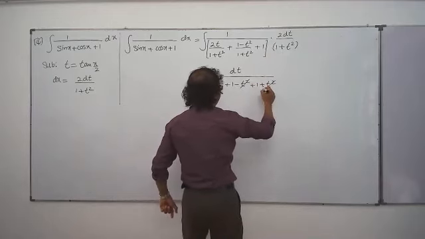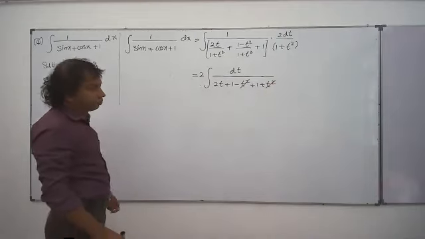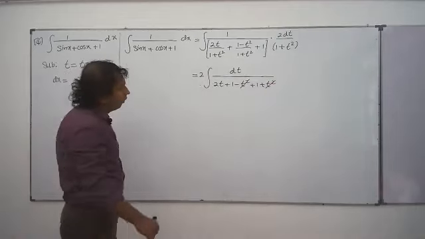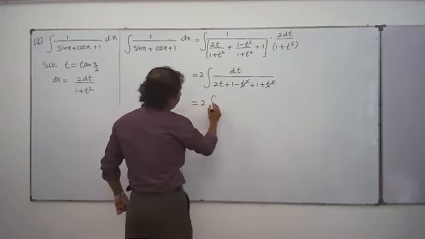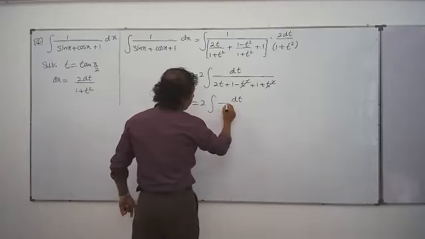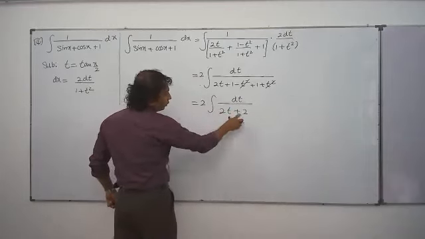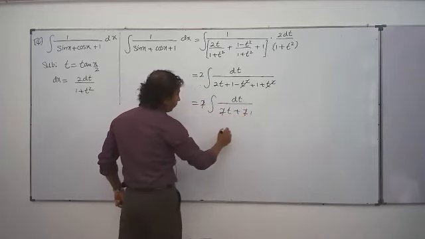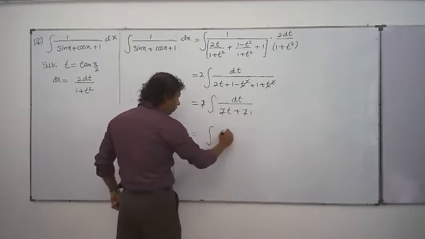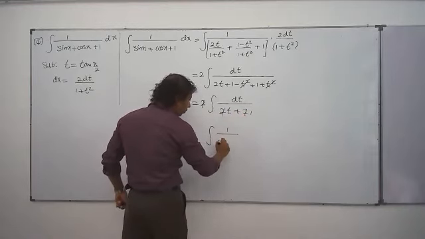This and this we can cancel down. Now here this one and this one make 2. 2t plus 2. We can take this 2 out and cancel with this. Here now we get 1. Then what we get is 1 over t plus 1, or 1 plus t. Both are the same, no?